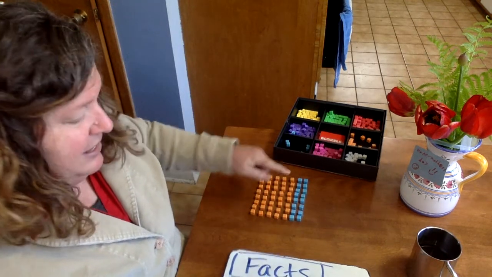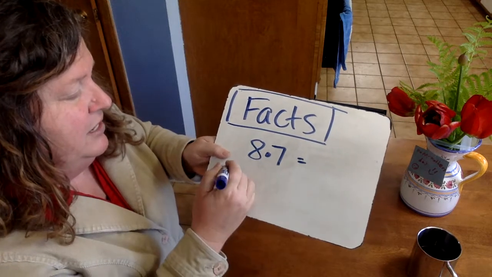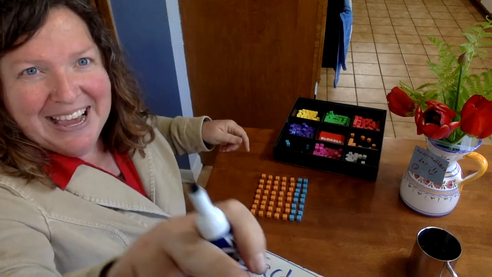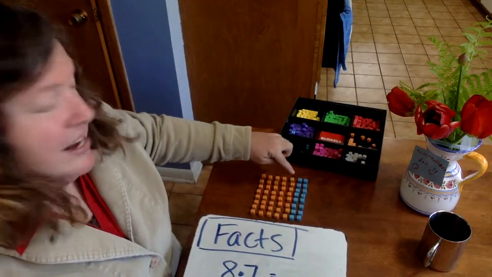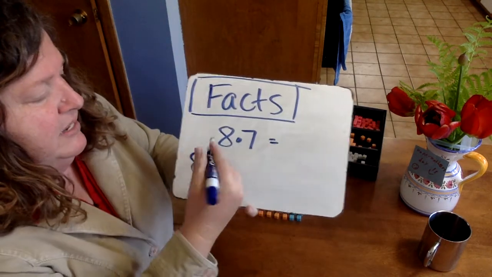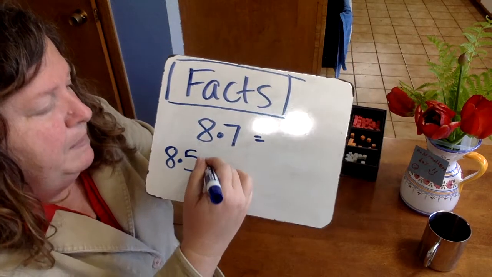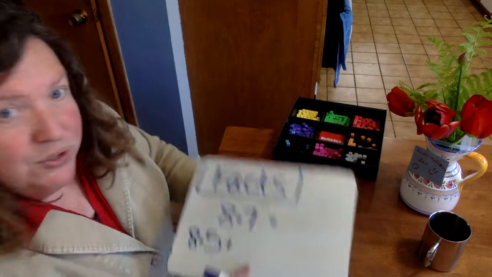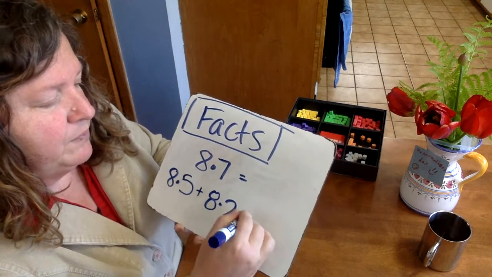So notice that I've changed this 8 groups of 7 into 8 groups of 5. 1, 2, 3, 4, 5. So you can see those are the orange ones, 8 groups of 5. Plus, now there's 8 groups of 2. You can see those, the blue ones, 8 groups of 2.